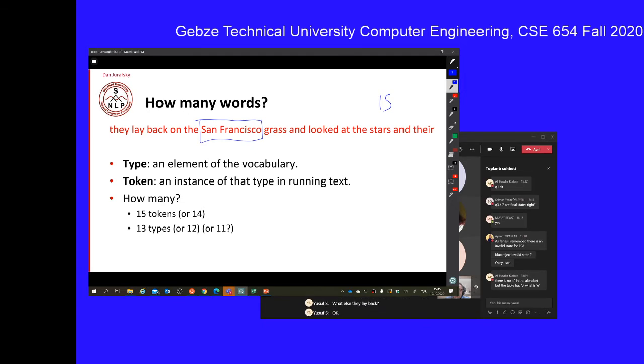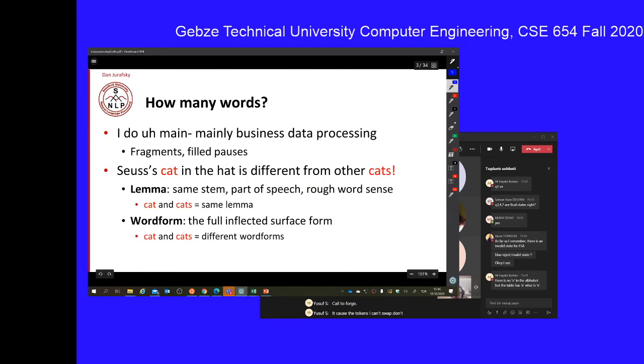If you ignore that San Francisco thing, there are 13 types, but the number of tokens is 15 because this token and this token happen in different places. When you say wc -c, word count, it counts the tokens.